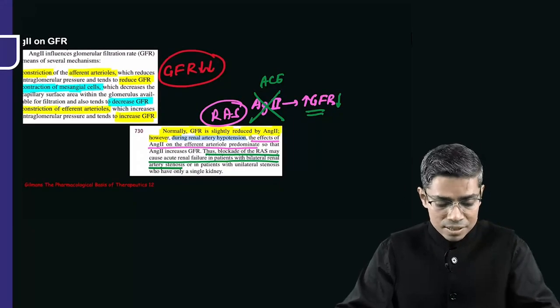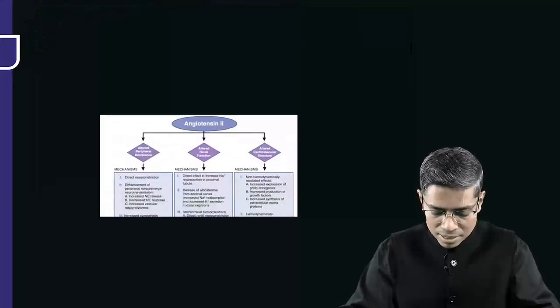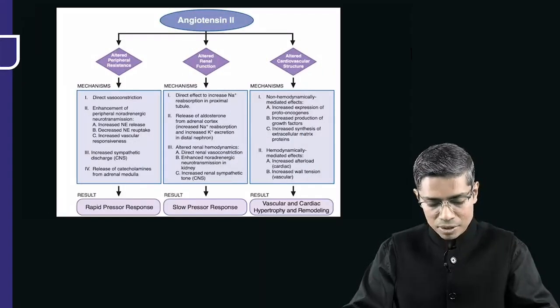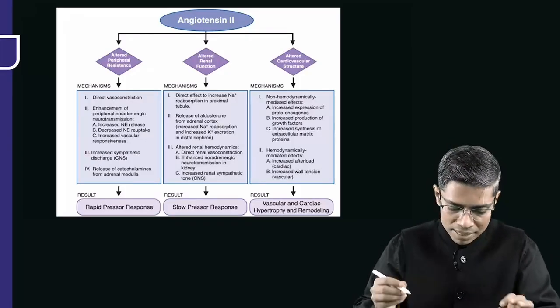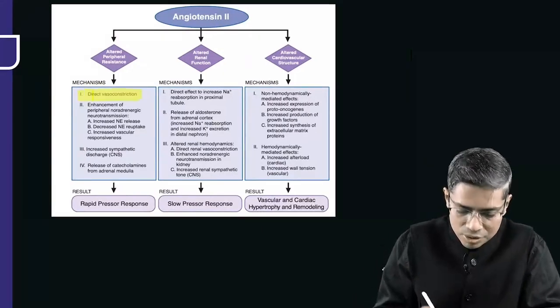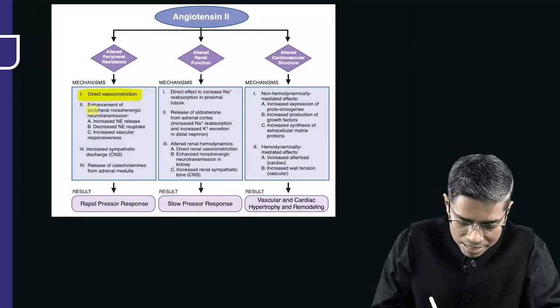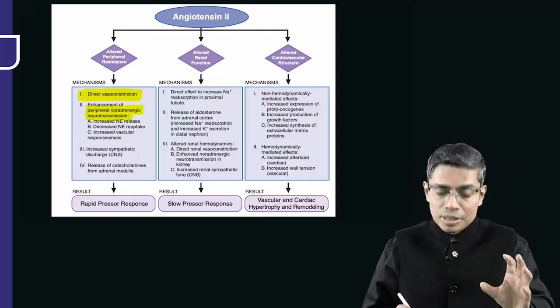So angiotensin II has many effects, and if you look at Goodman & Gilman in a little more detail, you will find many effects of angiotensin II. We know the common effect, the direct vasoconstriction, but apart from that it causes enhancement of noradrenergic neurotransmission.